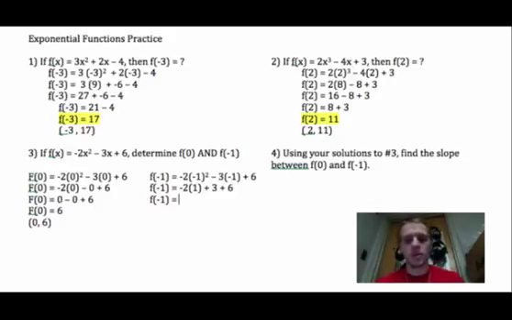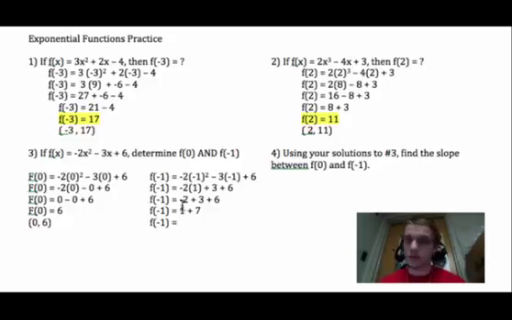-2 times 1 is -2 plus 3 plus 6. We're close. F of -1 equals -2 plus 3 equals 1 plus 7. You should be able to do this mentally in your head pretty easily. 1 plus 7.